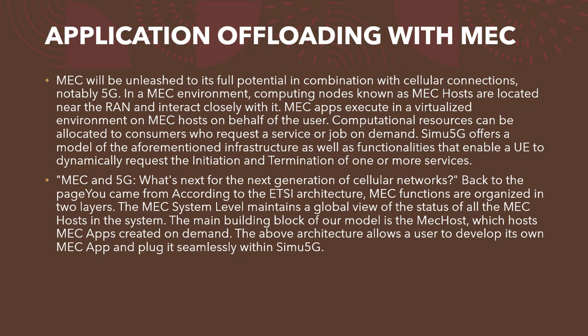MEC and 5G: what next for the next generation of cellular networks? Back to the paper, we see that according to the ETSI architecture, MEC functions are organized in two layers. The MEC system level maintains a global view of the status of the MEC hosts in the system. The main building block of our model is the MEC host, which hosts MEC applications created on demand.